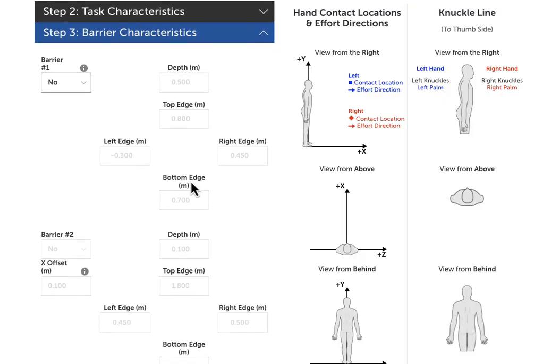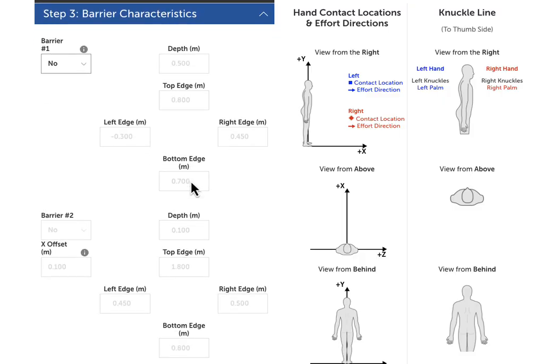This is the barriers, and barriers really should be considered not necessarily as needing to completely replicate the physical environment, but they do represent things that would prevent certain postures. So if you're strategic about where you place 1 or 2 barriers, you can pretty much replicate most environments. For example, if you're in an automotive task and you have to lean over the fender of a vehicle, you could put a rectangle in front of the pelvis to prevent the person from leaning into the vehicle itself.